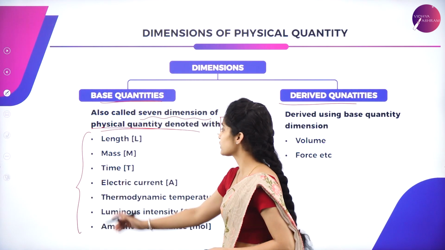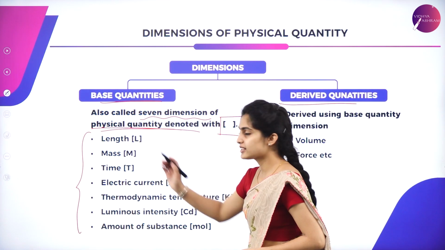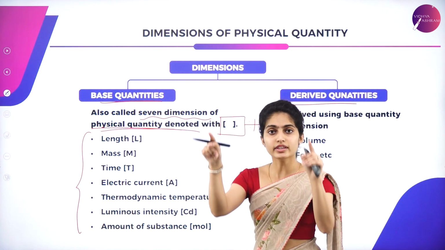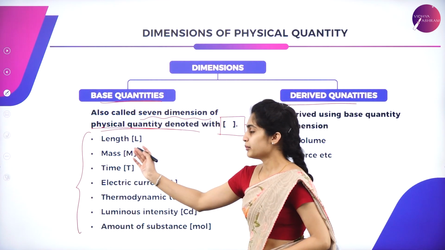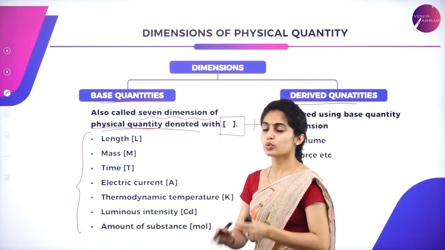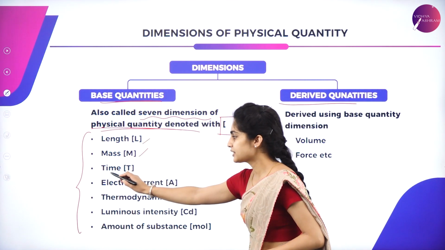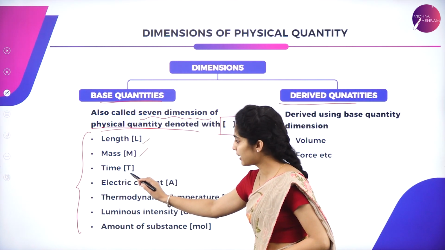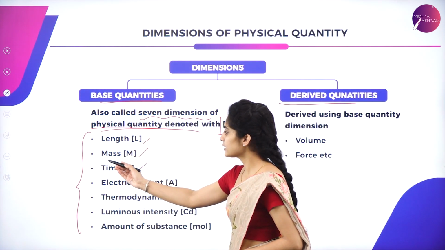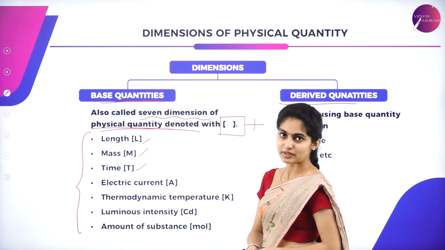Length is represented by capital letter L within the square bracket. Similarly, mass is represented by M within the square bracket, and time is represented by capital letter T within the square bracket. So length, mass as well as time is clear.